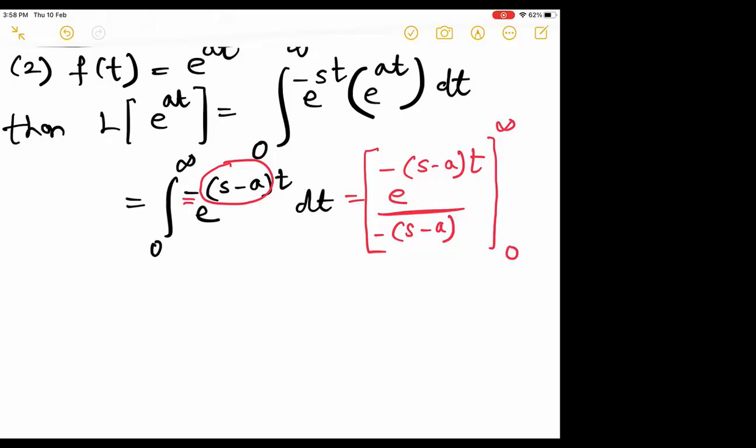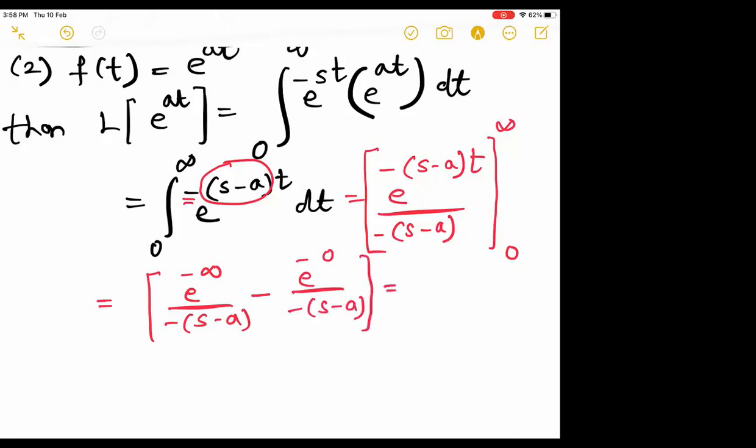Now ma'am, when you put the upper limit infinity, what will you be getting? You will be getting e raised to minus infinity upon minus (s minus a), minus, with the negative sign for the lower limit, e raised to minus of 0 upon minus (s minus a).